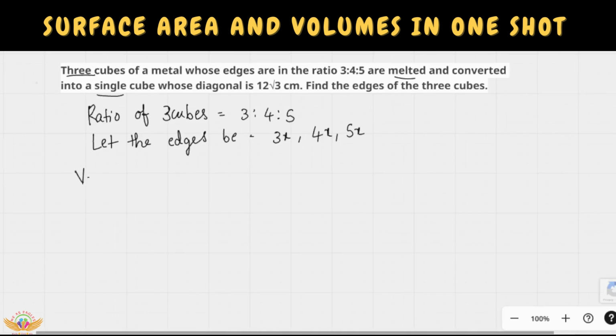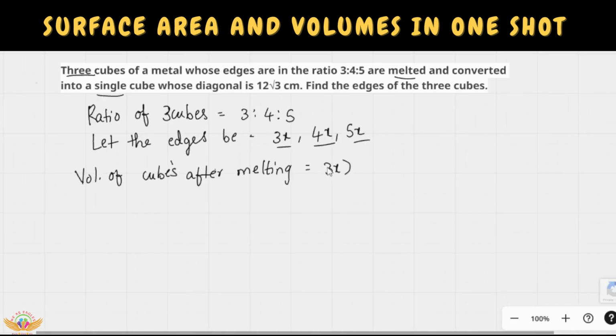So the volume of the cube after melting. So what is the formula? a cubed, right? I'm taking all the 3 cubes. So a cubed, a cubed, a cubed.